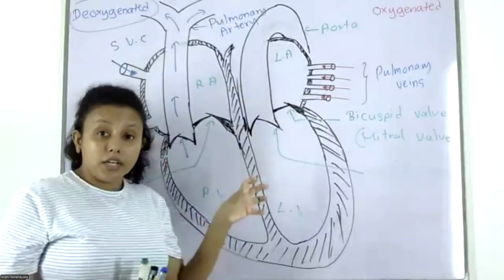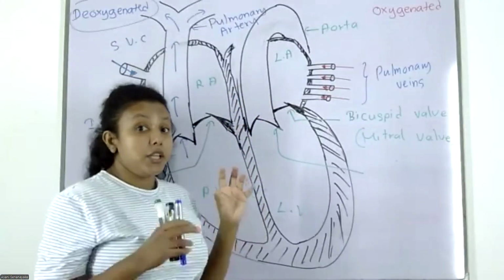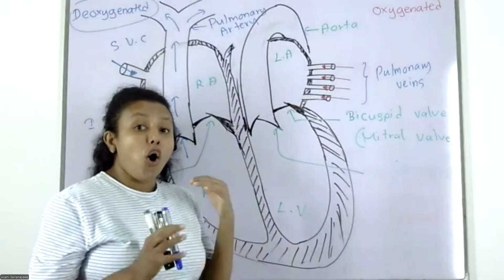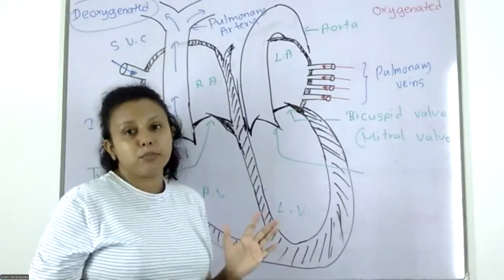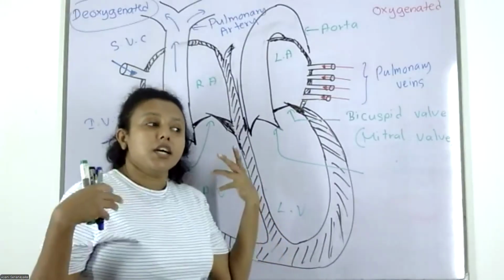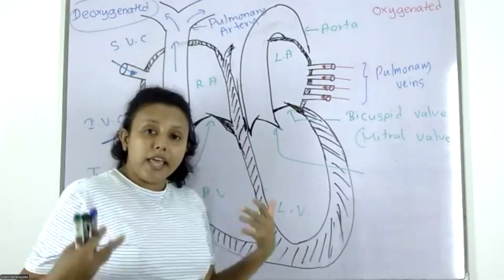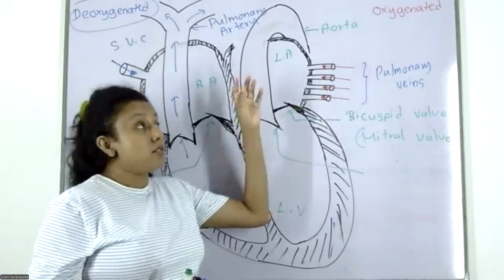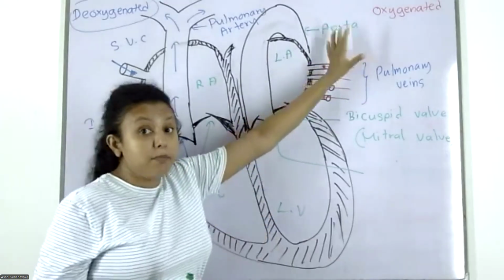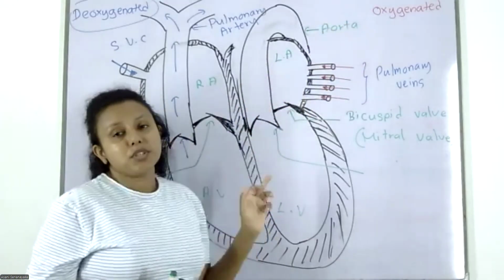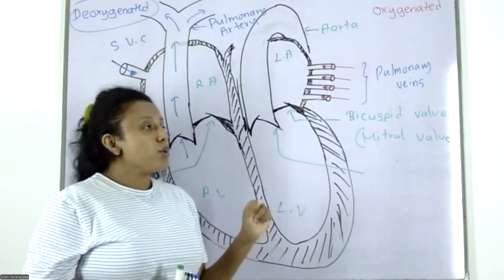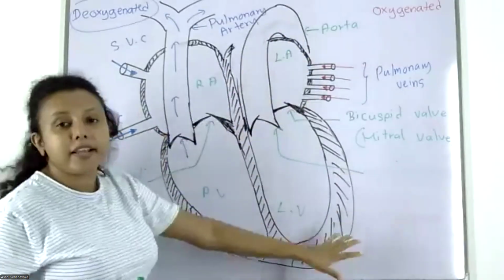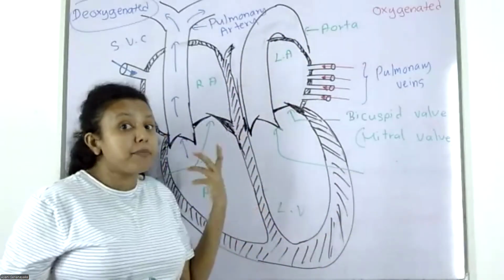The aorta is a very large vessel, and it is really important because the aorta sends all the oxygenated blood throughout the body: to our brain, our liver, our legs, our hands, everywhere. The oxygenated blood transportation happens through the aorta. So you can see here the left side completely contains oxygenated blood.